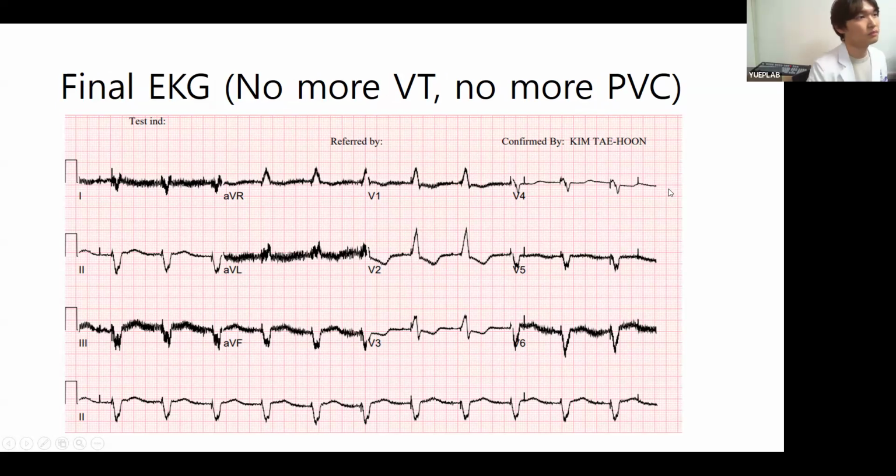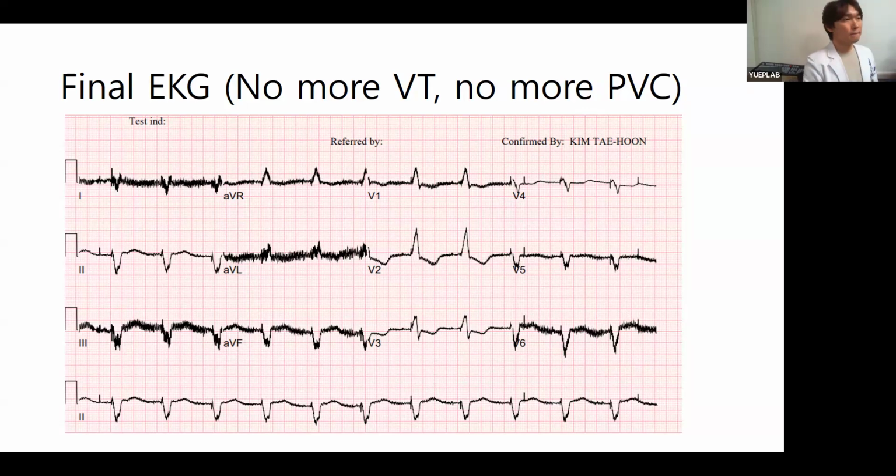Okay, so let's discuss the decision making. At this point, the patient experienced many ICD therapies. No shock, right? Yeah, ATP worked. Initially, ATP didn't work, shock. Yeah. Actually, three days ago, he came with monomorphic VT and a shock event, but at that time there was no shock.